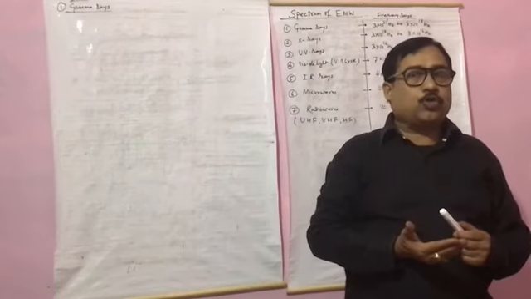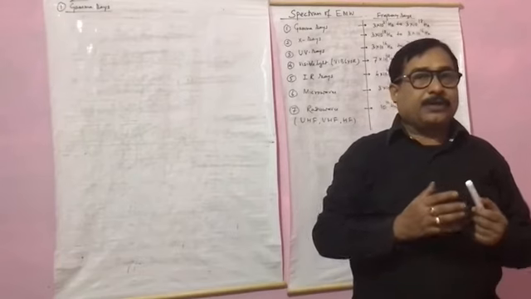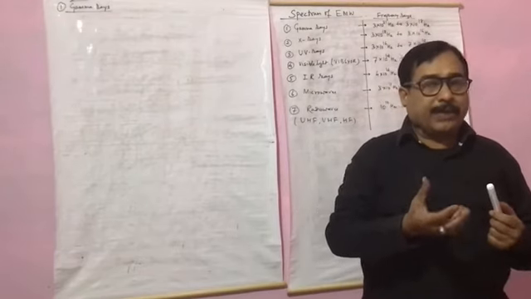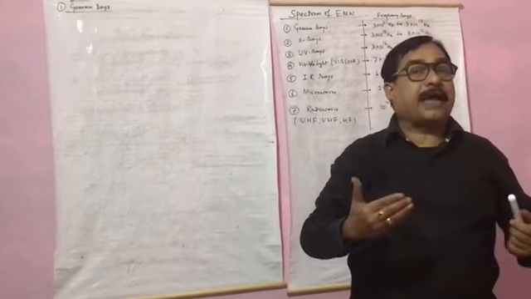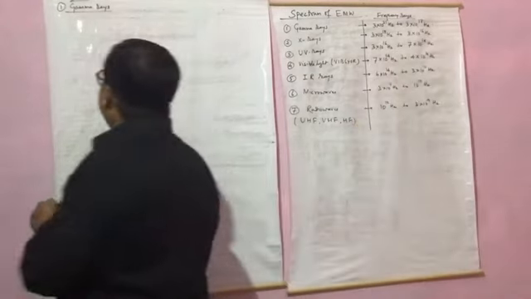So this is used to remove tumors. So tumors can be removed by using a gamma ray knife. So gamma ray is used in medical treatment and surgery.